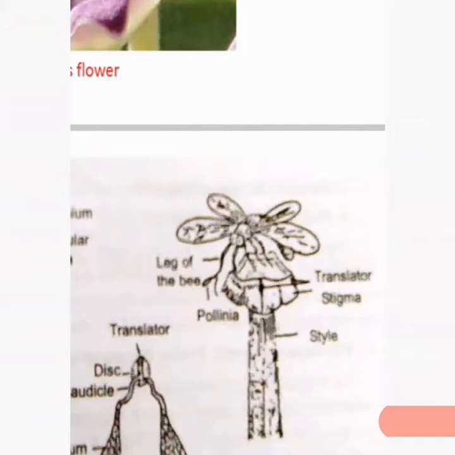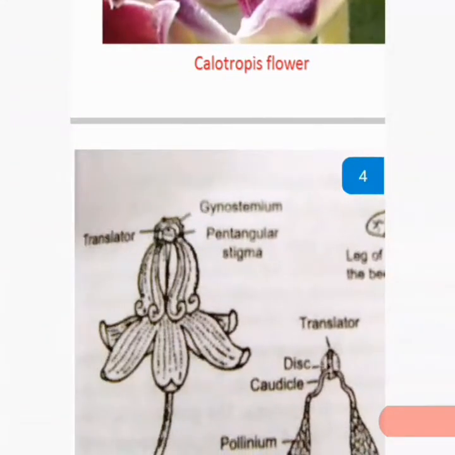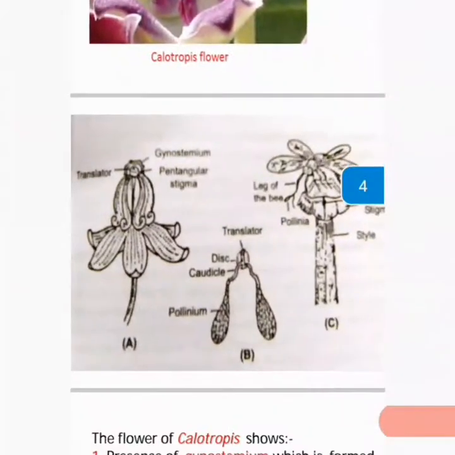And when these insects take off from this flower and land on another flower, these pollinia attached to the legs are transmitted from one flower to the other, and then the pollination act is completed.